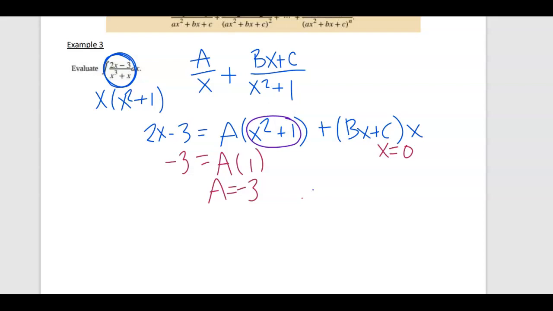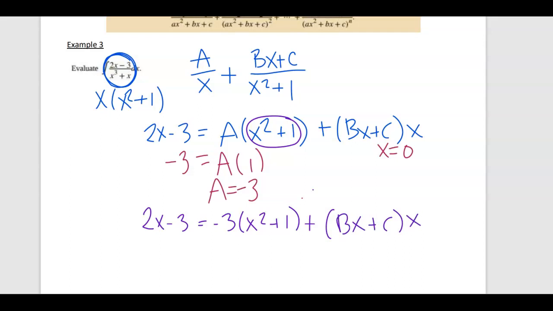So I do know that 2x minus 3 needs to be negative 3 times x squared plus 1 plus Bx plus C times x. And let's go ahead and expand that right-hand side. So negative 3x squared minus 3, and then plus Bx squared plus Cx.